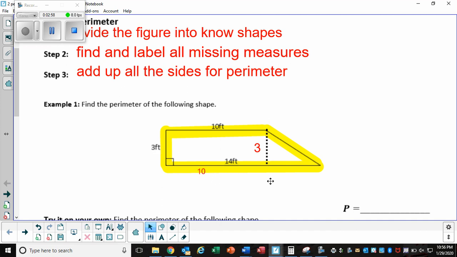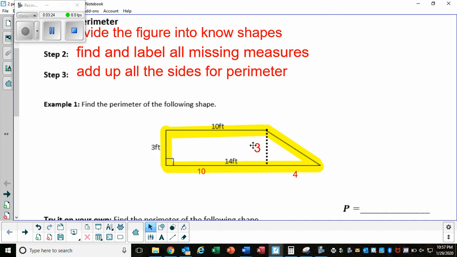And if the whole side's 14, and this part is 10, then this part must be 4. There's the 4. So now, if we only look at this triangle, I have this side, and I'm missing this side. But it creates a right angle. So I can use Pythagorean Theorem.